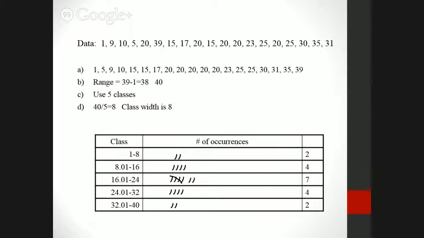I'll give everybody a little bit. So just write those numbers down on your piece of paper, and then make sure you leave enough room at the bottom to draw your histogram if you're going to draw it.